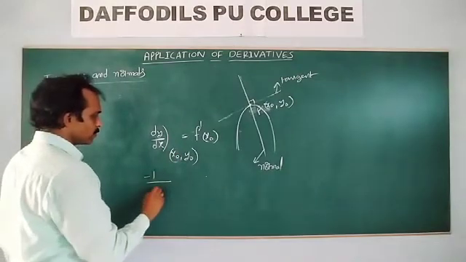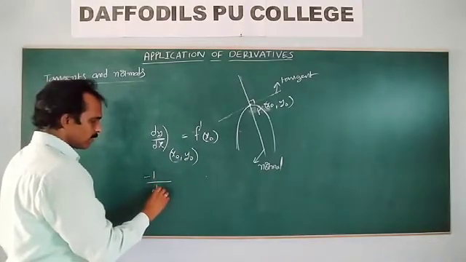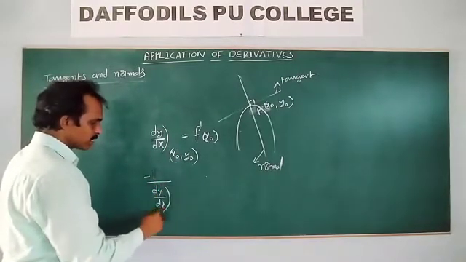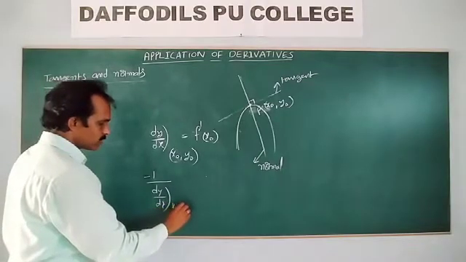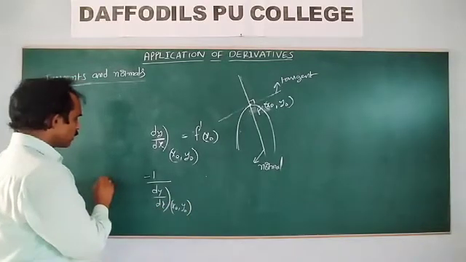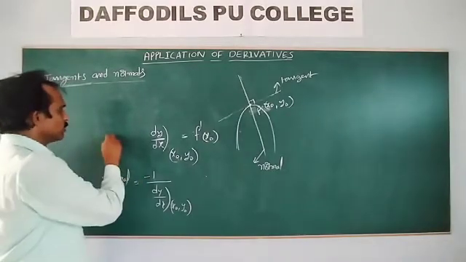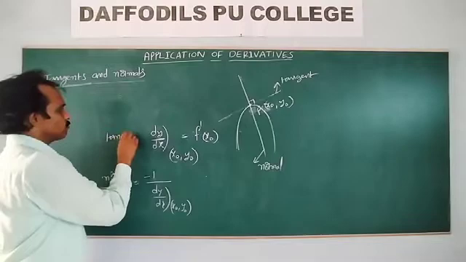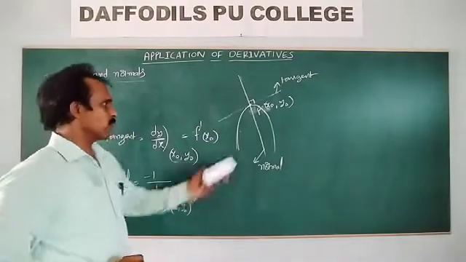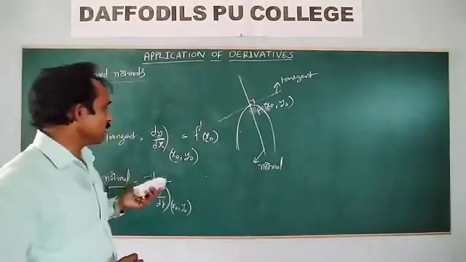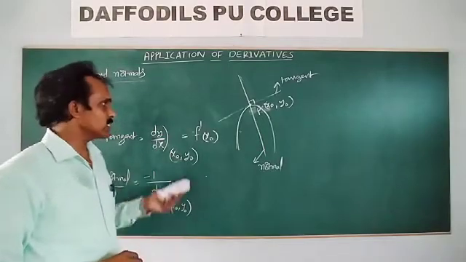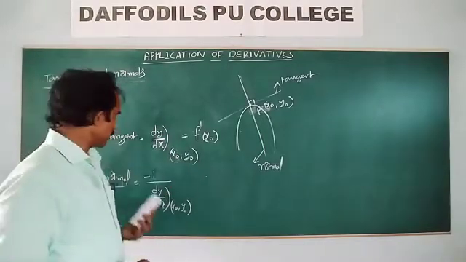The normal slope is minus 1 by dy by dx at x naught, y naught, while the tangent slope of the curve is dy by dx at x naught, y naught, that is f dash x naught.